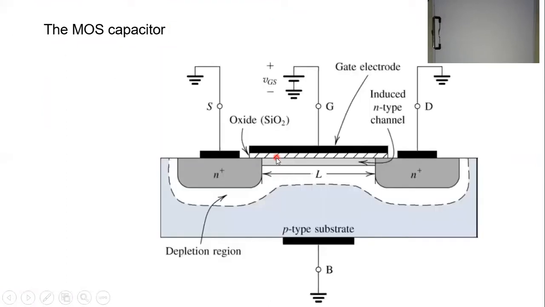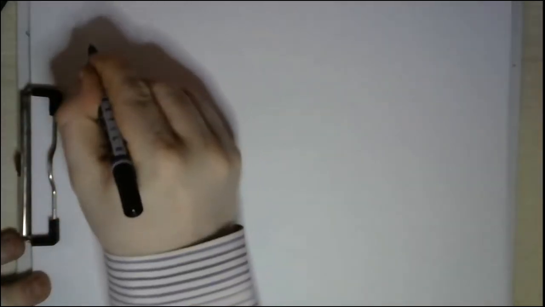Okay, so let's see how this capacitance varies. Let's see how this capacitance will affect our model. So in order to do so, let's go to our whiteboard and start to plot the capacitance model.